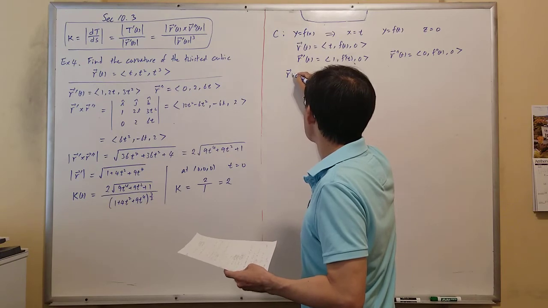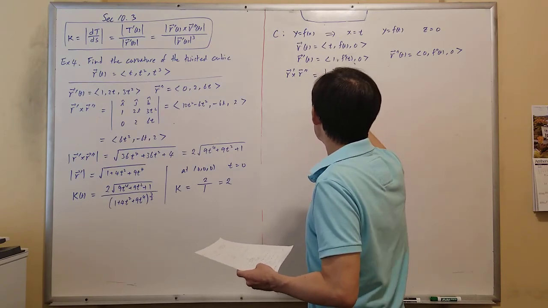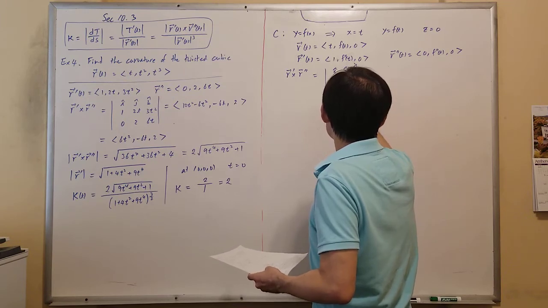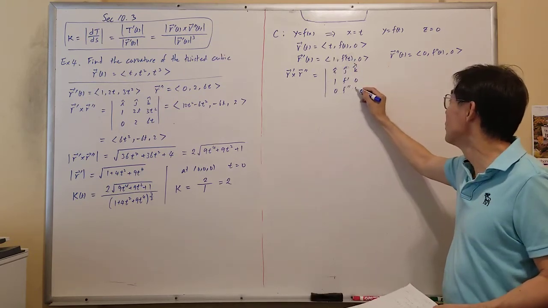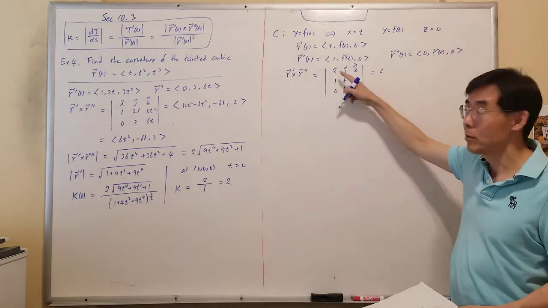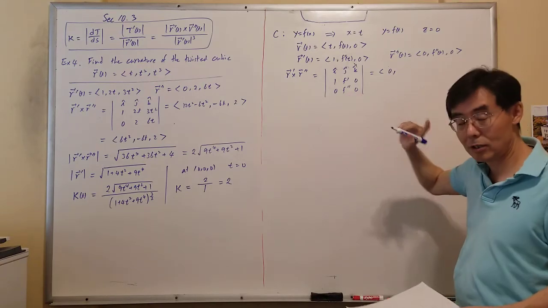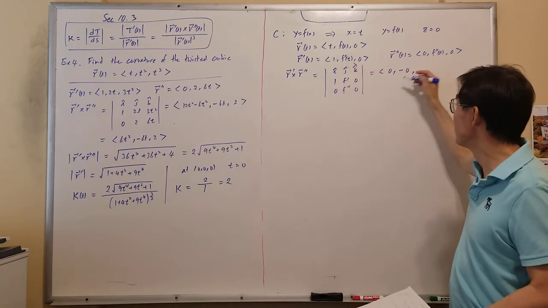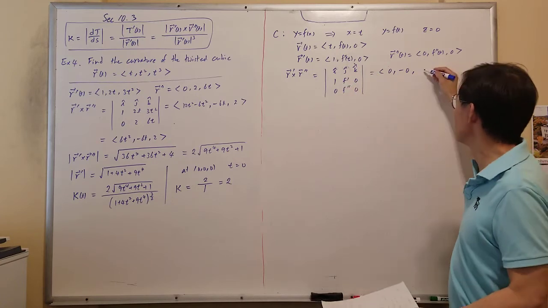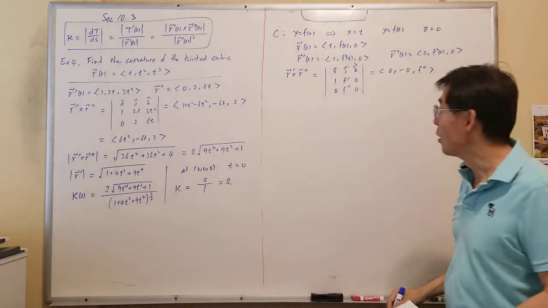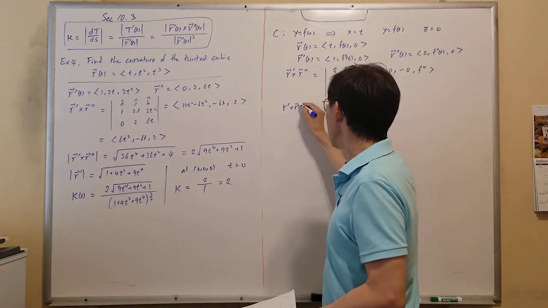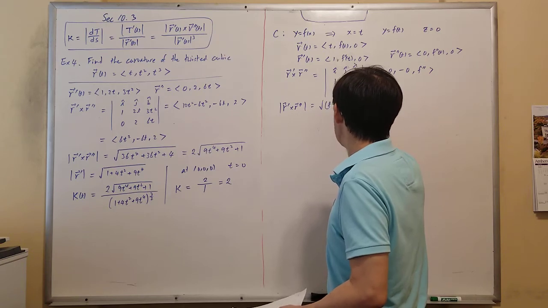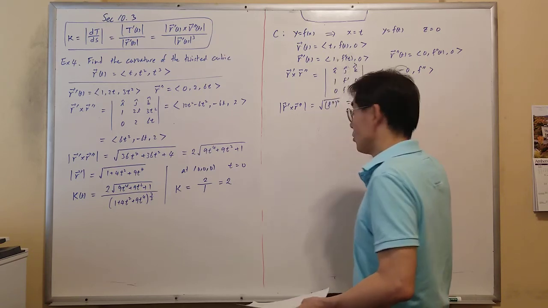If you take the cross product of these two, i, j, k, 1, f prime, 0, 0, f double prime, 0: the x component, delete this and this, the determinant is 0; minus the y component, delete this and this, also a determinant of 0; and the z component, AD minus BC, so f double prime. So the magnitude of r prime cross r double prime is the square root of 0, 0, and this one squared. So it's just the magnitude of f double prime of t.